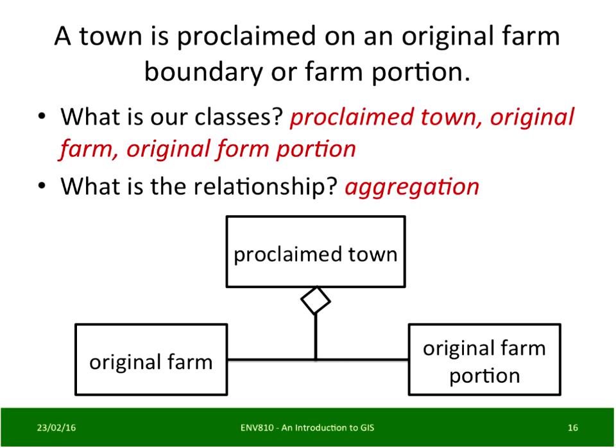But now, the original farm refers to what it was back in 1900 whatever. So what was it way back then? So you have your historic data and then the new data. The ones that speak about farm would be your present data, and the original farm information would be your historic information. So we have our proclaimed town, we have the original farm portions, and when you connect this with an aggregation, you get a proclaimed town.